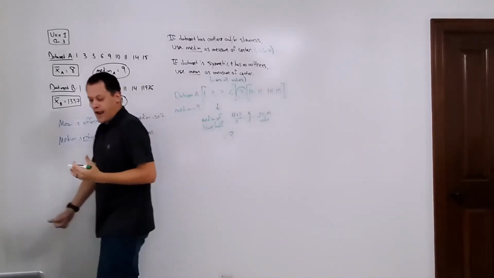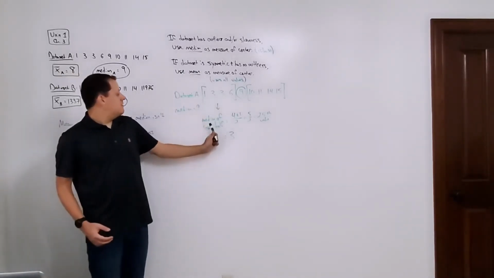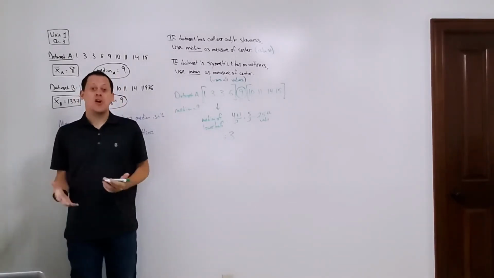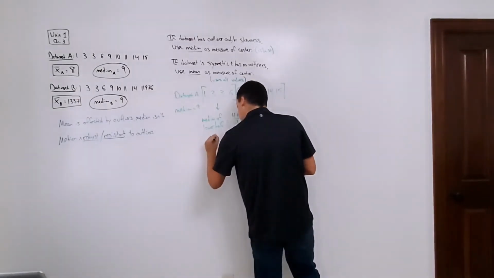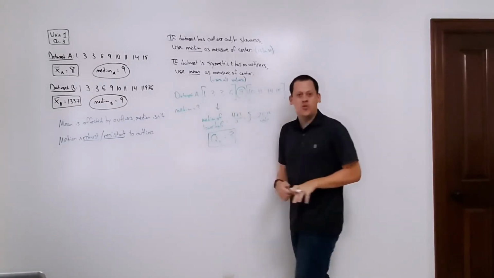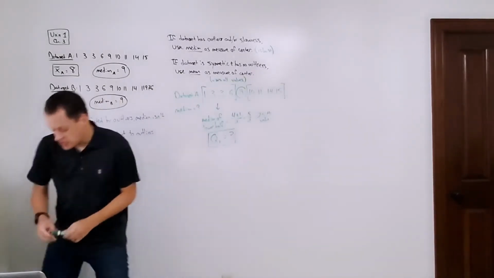The median of the lower half is 3. And the median of the lower half, that's too many words to describe a statistic. So we're going to call this number Q1. Q1 equals 3.